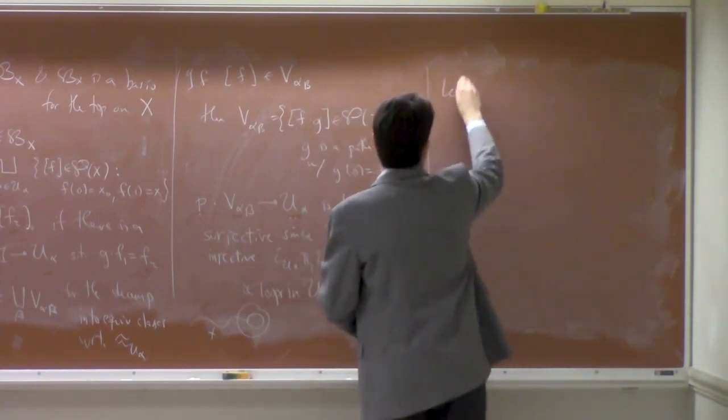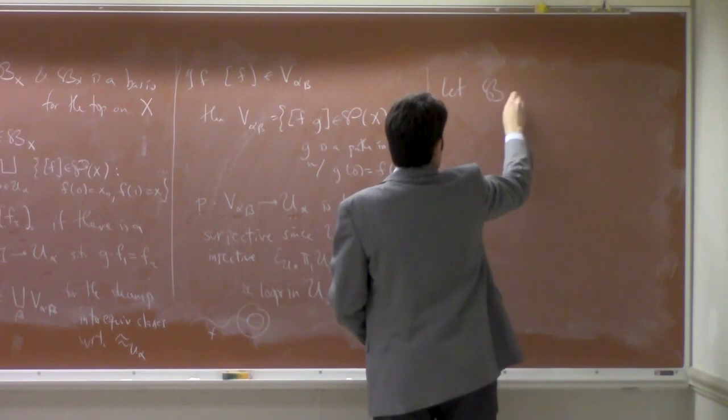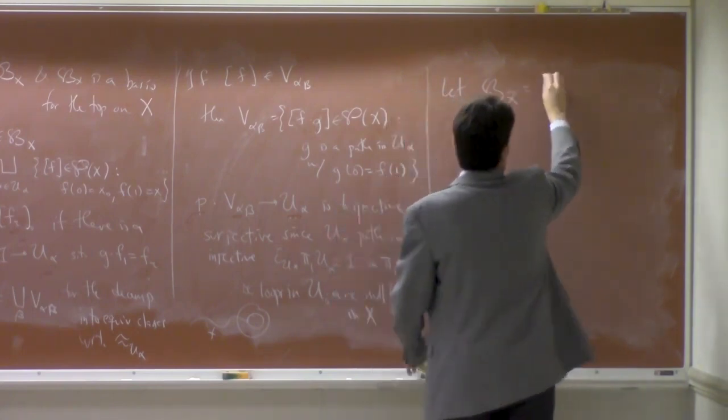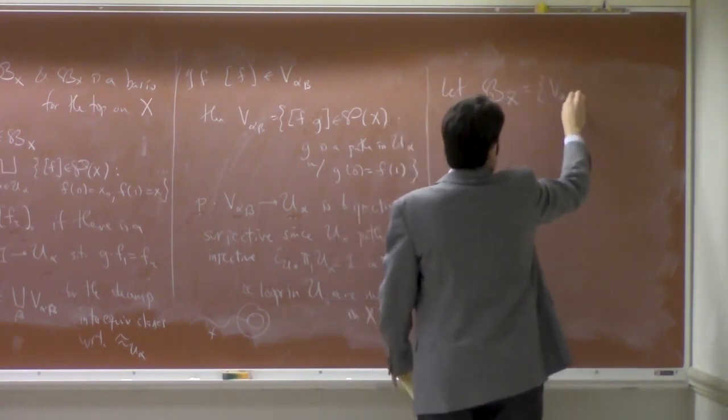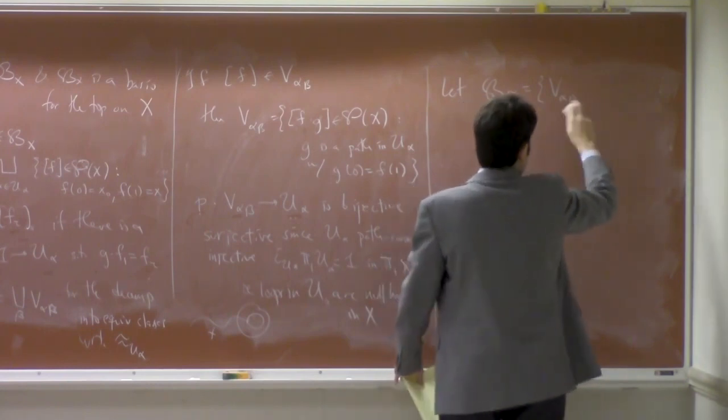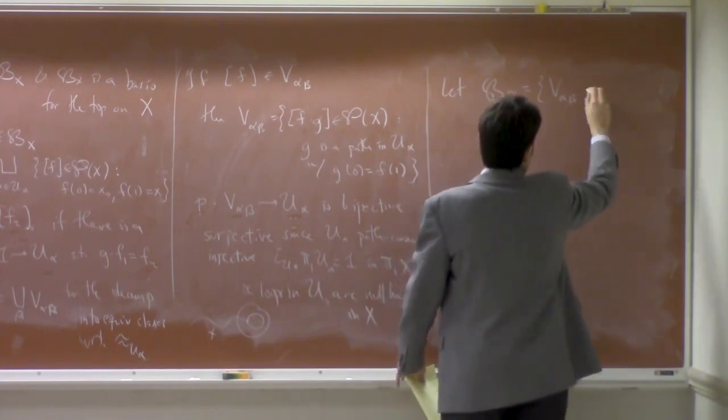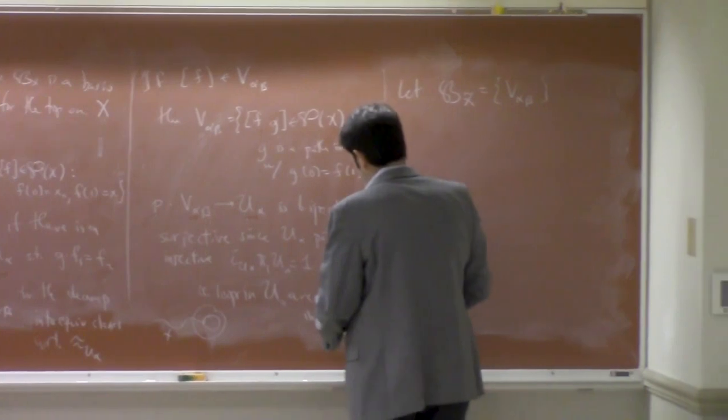Okay, so let B of X tilde be all of the V alpha beta defined in this way.